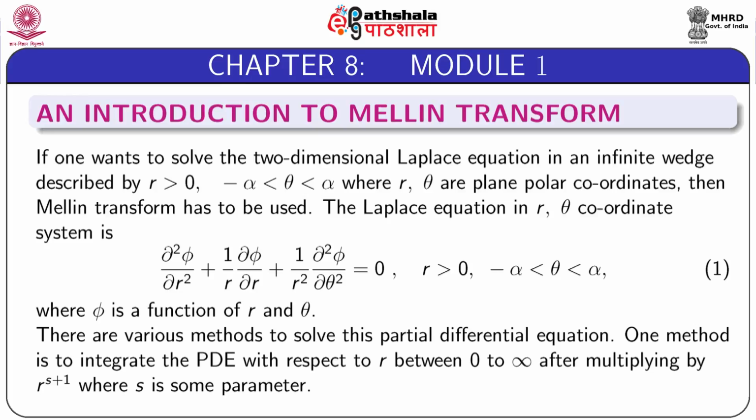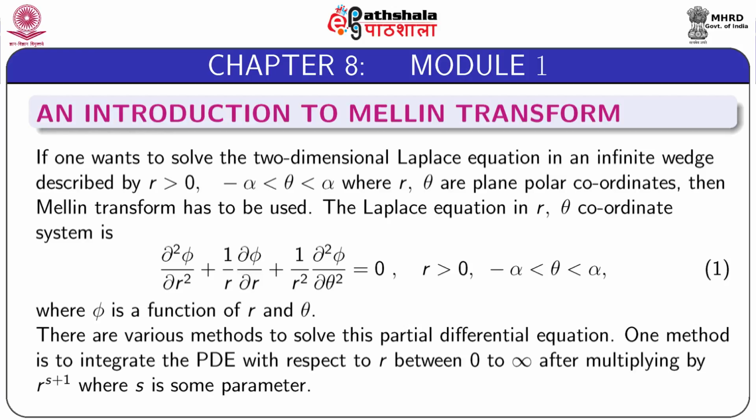The Laplace equation in r theta coordinate system is given by equation 1, where r is positive and theta lying in the interval minus alpha to plus alpha, and phi is a function of r and theta. There are various methods to solve this partial differential equation.